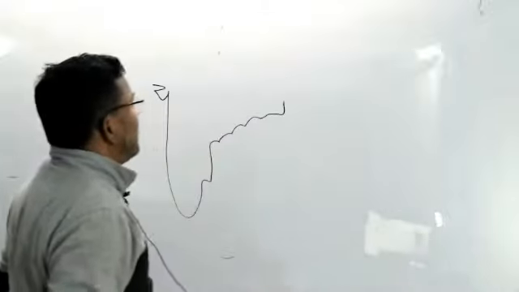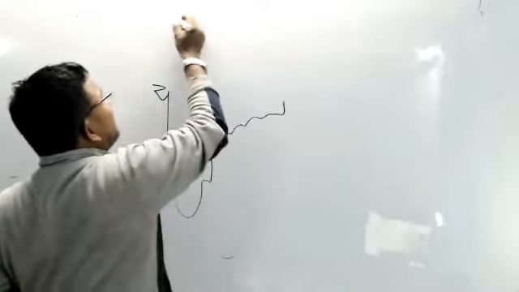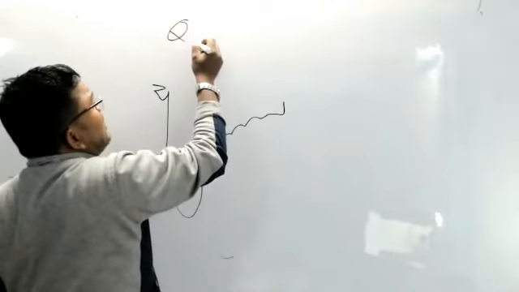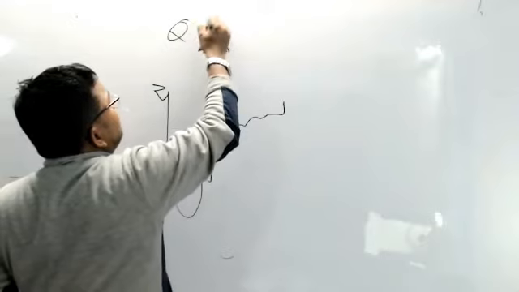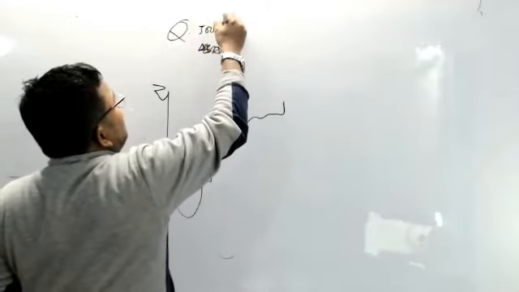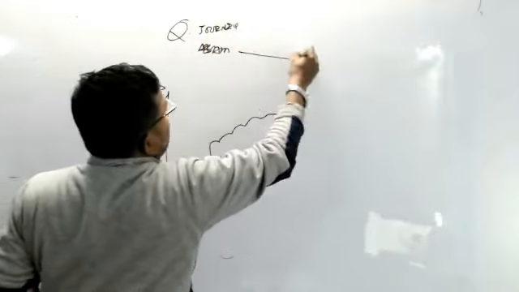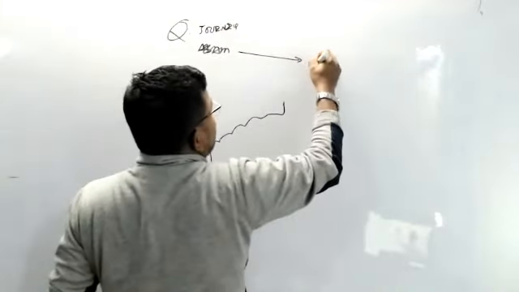How? The question was asked like this in 2019. You are starting your journey from Assam, and you come to Kerala, that is Kochi.